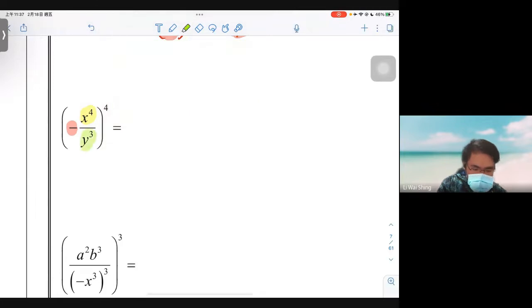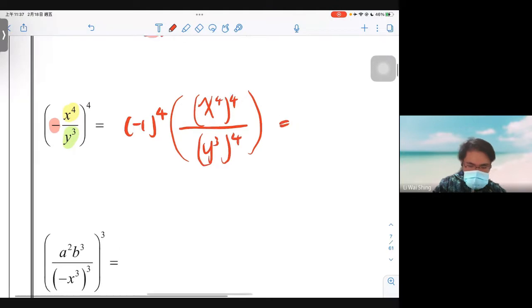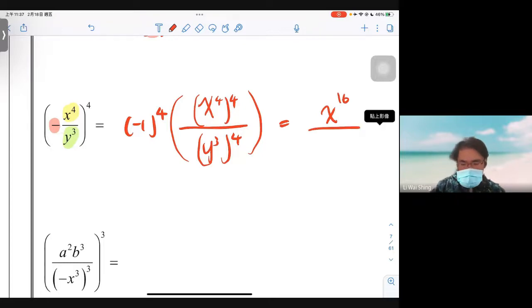Each of them can get power 4. So -1 to the power 4 is equal to 1, so nothing to do. Numerator is equal to x to the power 16, and y in the denominator has the power 12.